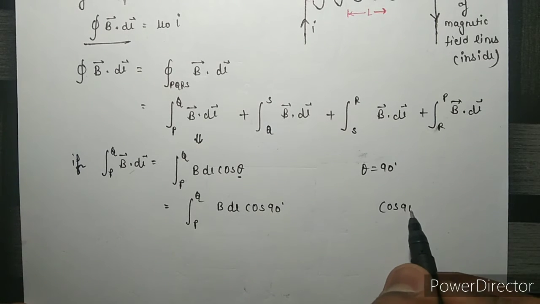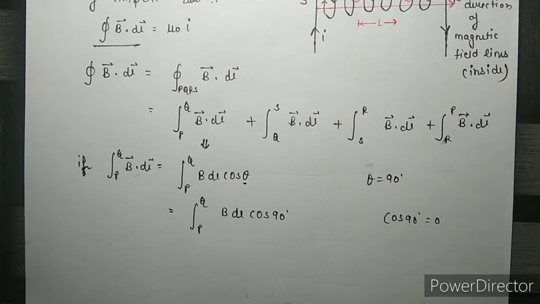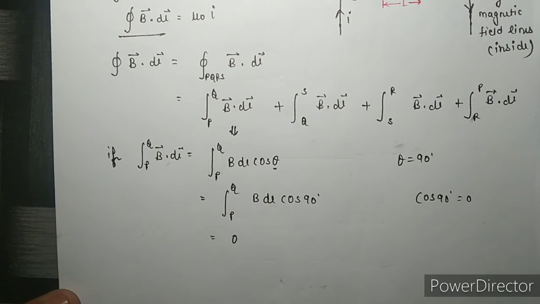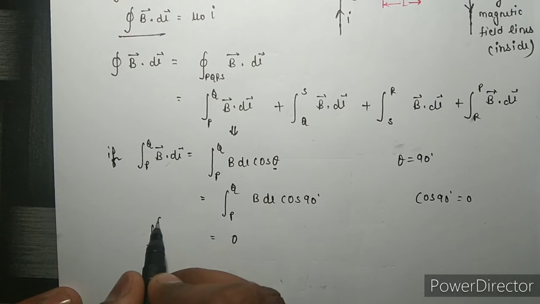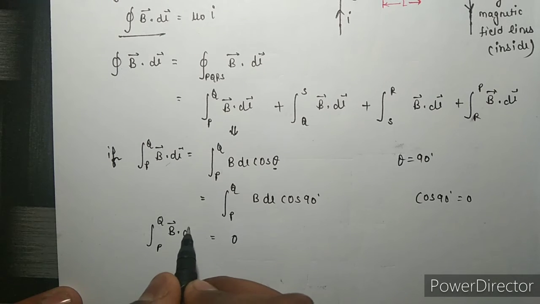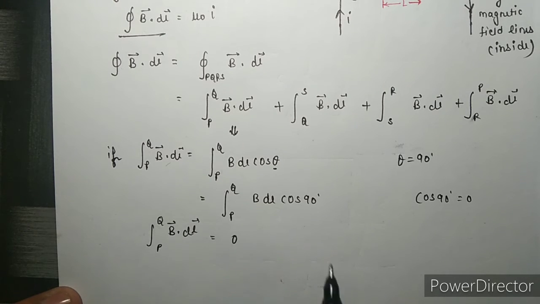Cos 90 is 0, so P to Q of B dot dl is 0.